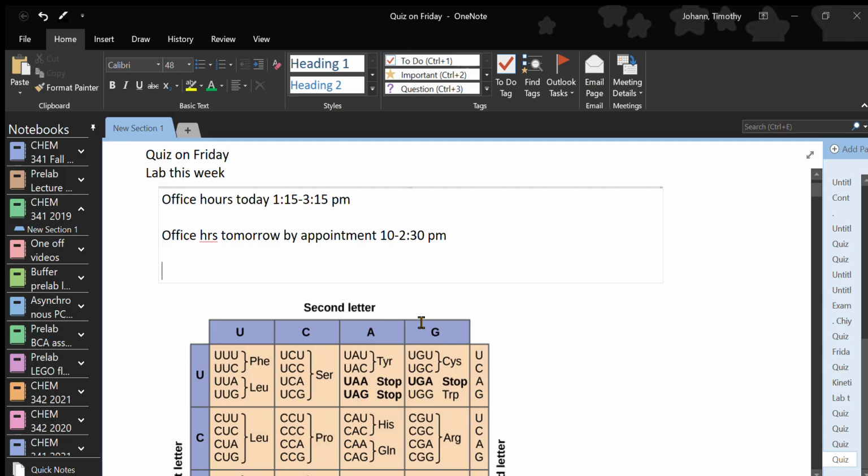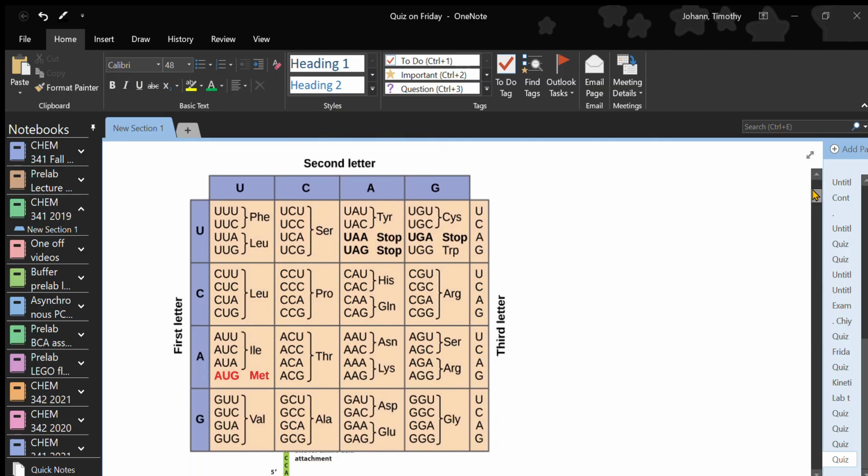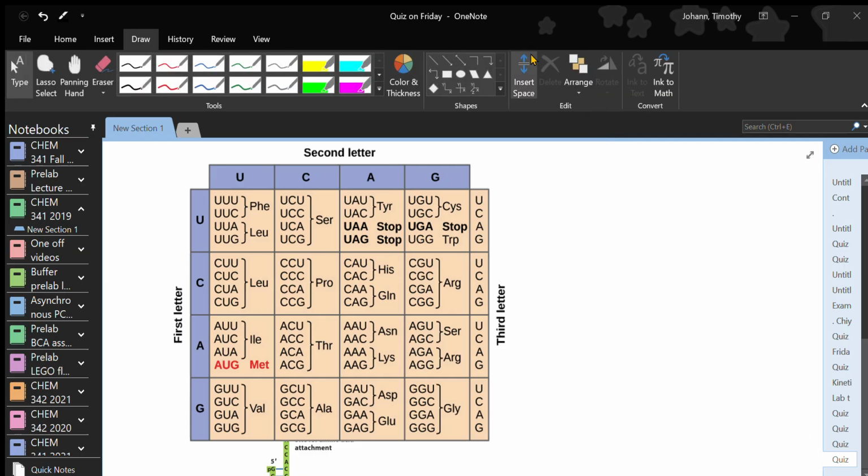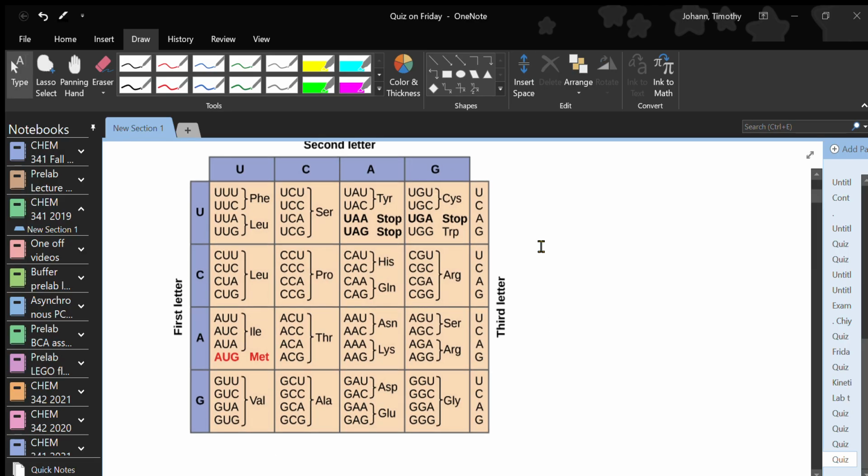What we've got, so we've got the codon table here, and I wanted to remind you, we talked about this, all organisms use the same codon table.